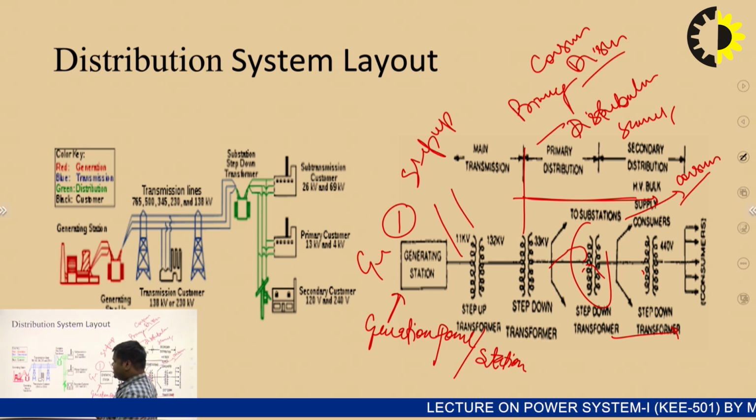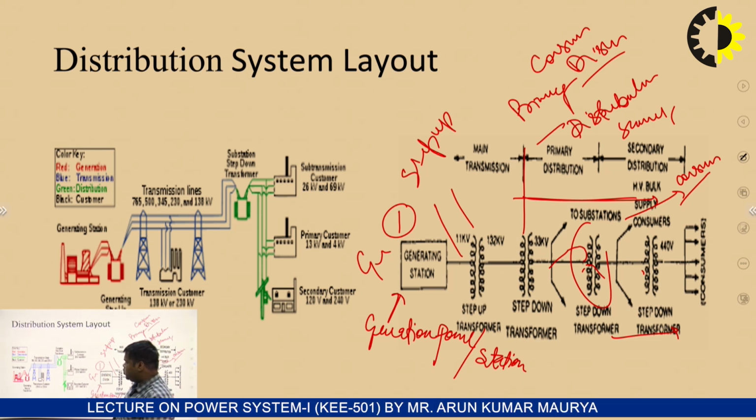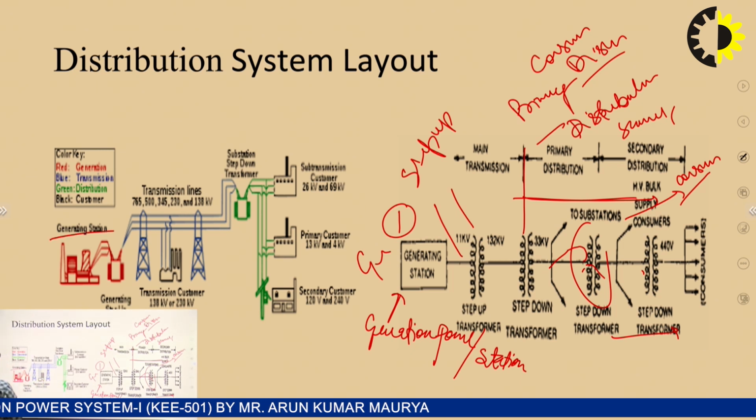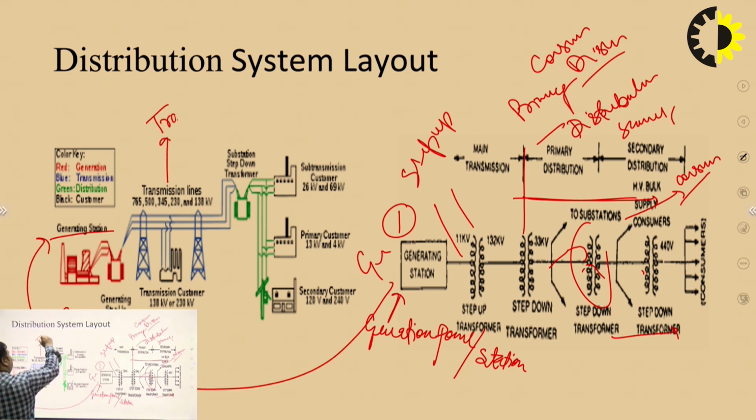If we see the pictorial diagram of the distribution system layout, this is the generating station. These are the transmission line levels: 765 kV, 345, 231, 138 kV, and so on.